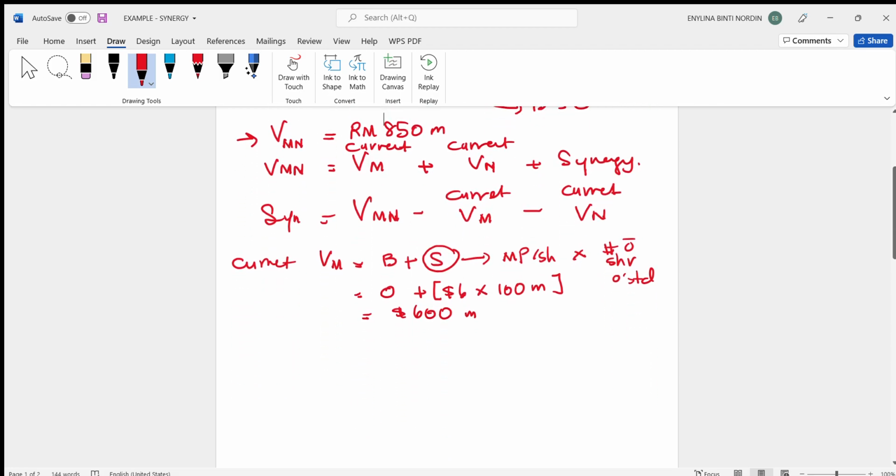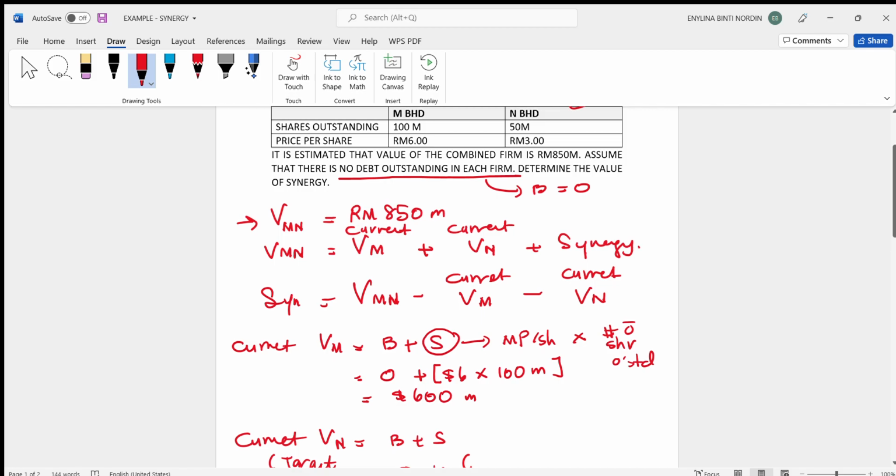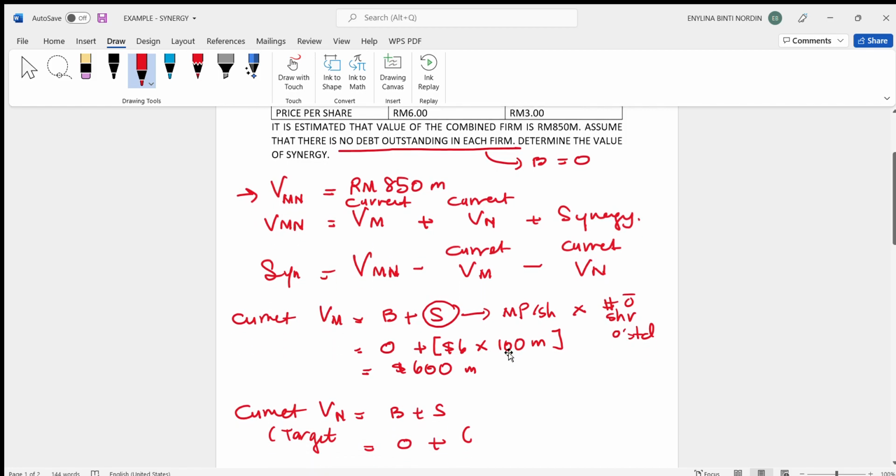Now we calculate the current value of N, the target firm. Same formula, B plus S, and no debts, so 0. What is the price of the share for this target company? 3 ringgit, multiplied by the number of shares outstanding, 50 million shares, which equals 150 million ringgit.